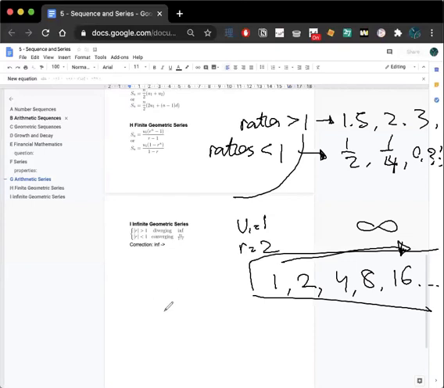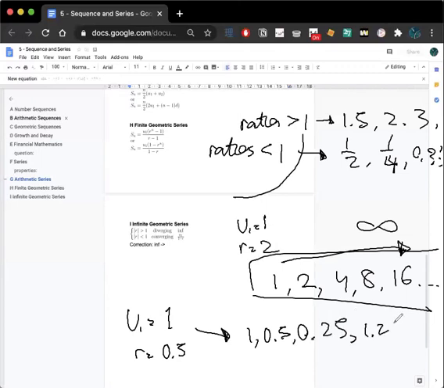For example, with the first term as 1 and the ratio as 0.5, you'd have 1, 0.5, 0.25, then 0.125, and it slowly goes to a very small amount, so we can calculate the total sum of the infinite geometric sequence.